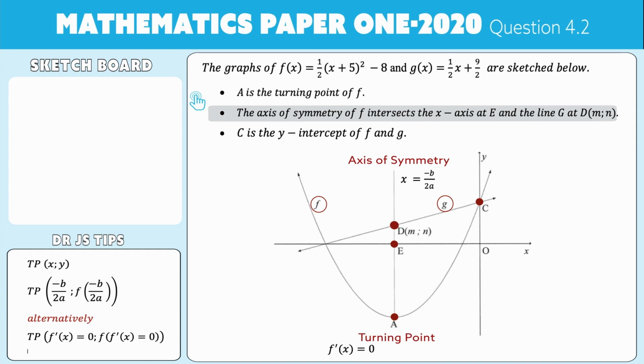Now folks, let's not forget that. What is m going to be? m is going to be the minus b over 2a value. And the n value, because it lies on that line, we're simply going to go to g to find the y-coordinate of that point. Okay, let's see what they're going to ask us.